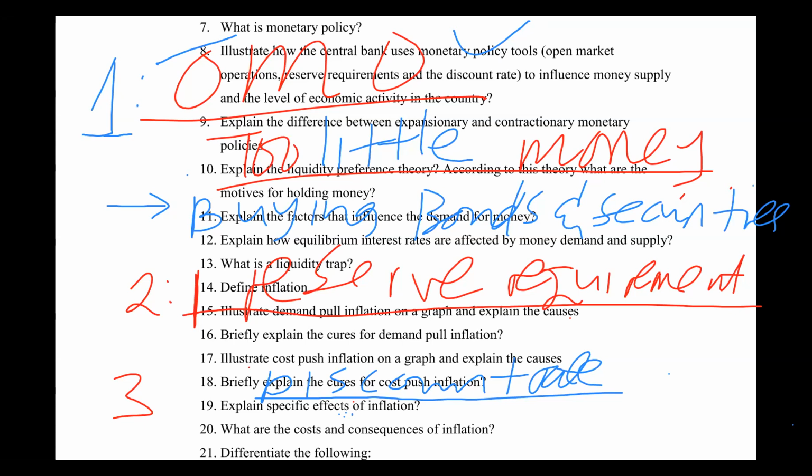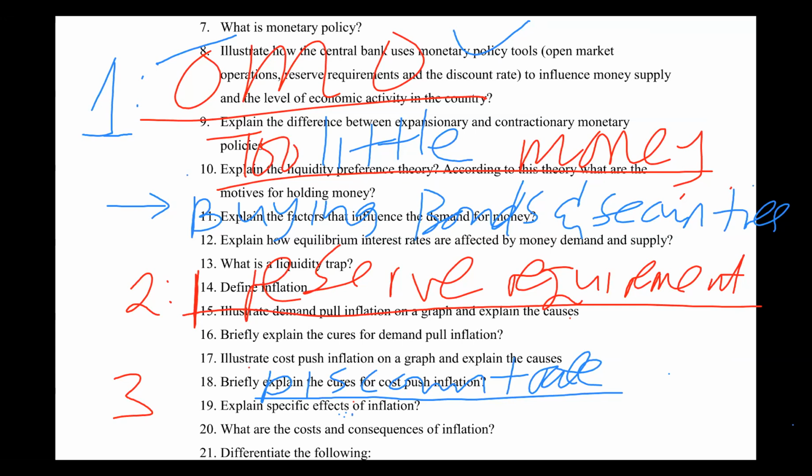So the central bank will use money to buy the bonds and securities. By so doing, they shall increase the supply of money in the economy. Is that clear? That is how they use the open market operations, OMO, when there is too little money supply.